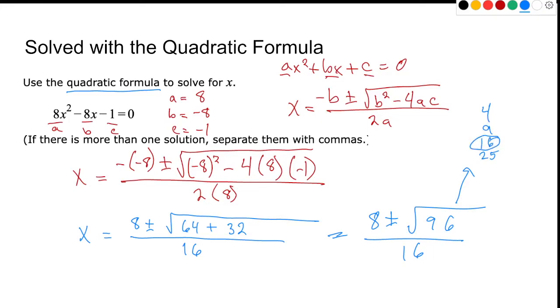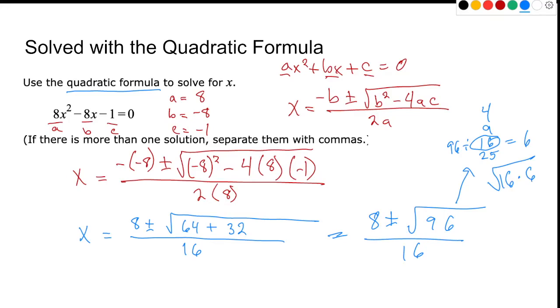If you try 16, what you'll see is that 96 divided by 16 is going to give you 6. 6 times 16 gives you 96. So to reduce this square root, I'll do it in this little scratch area. We're going to rewrite 96 as 16 times 6.